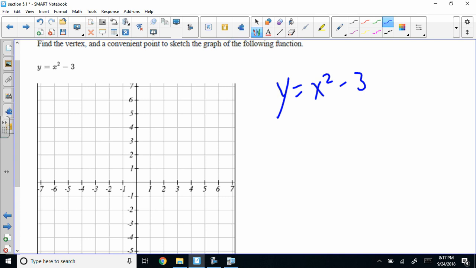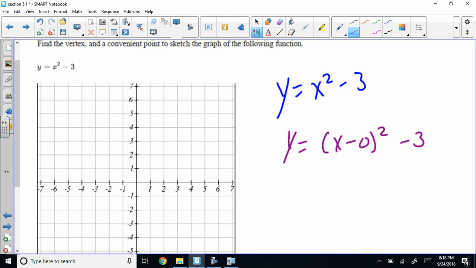When you have no linear term, you have both forms represented. Because if I wanted to write this in vertex form, it's already there, but think about this: what does 0 do to it?